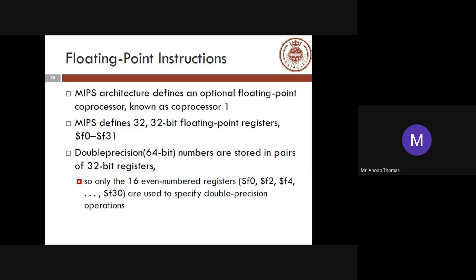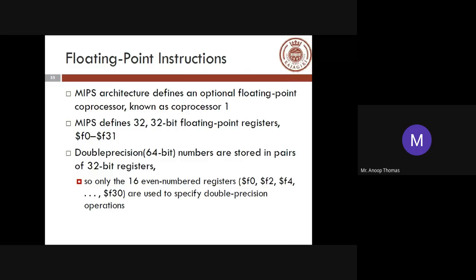A coprocessor is a cooperative processor which works along with the processor. So if you have coprocessor 1, which comes along with the processor, then it can support your floating point instructions. It has its own set of registers. You have 32-bit floating point registers, and the keyword there is $F0.